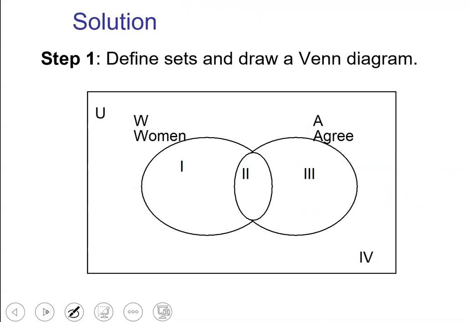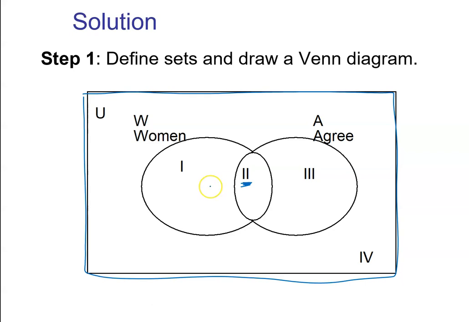So define sets and draw a Venn diagram. The rectangle is our whole set. Where the circles overlap would be the women that agree, in region 2. Hopefully that makes a little bit of sense. Here are our facts again.